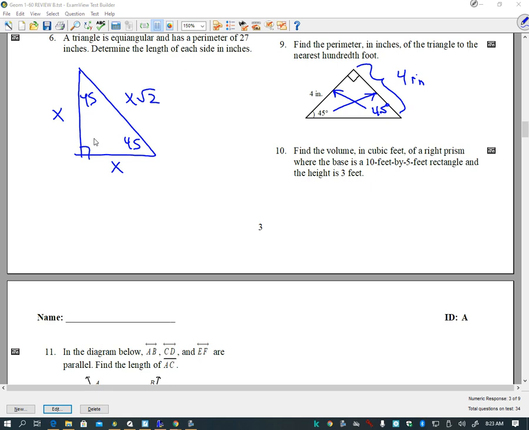So if X is equal to 4, then the other X is equal to 4. So now we have to find out what X radical 2 is. Well, all I have to do is sub in what? 4 for X. So I get 4 and 4 and 4 radical 2. Can we follow that? Now this says what is the perimeter to the nearest 100th foot?